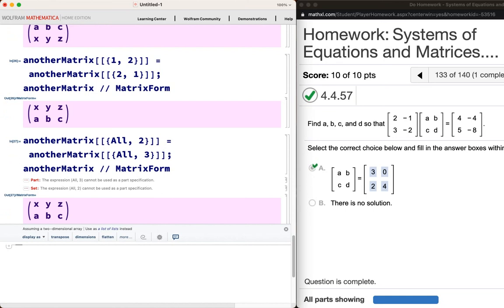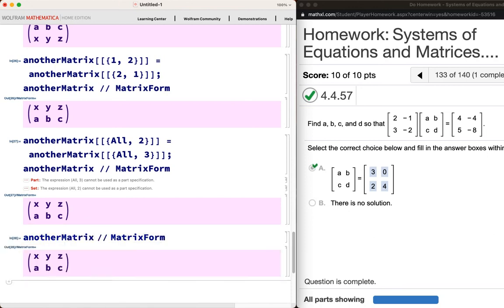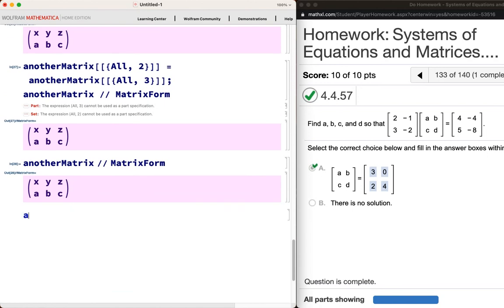Oh, I see. So I'm getting an error message. So yeah, this matrix hasn't been changed. Another matrix, matrix form. Okay, so let's try it this way.